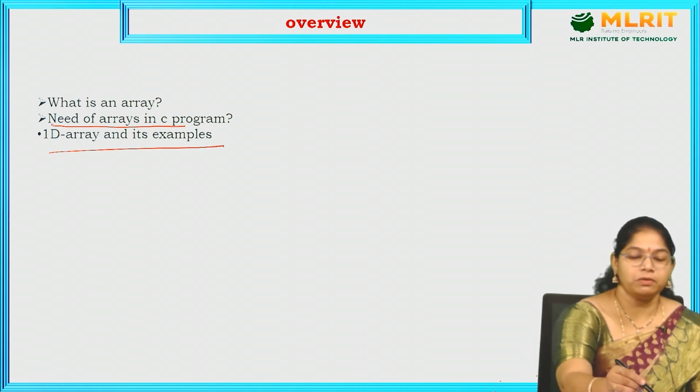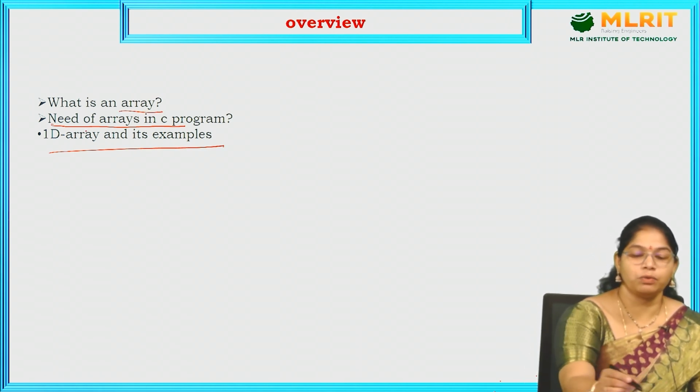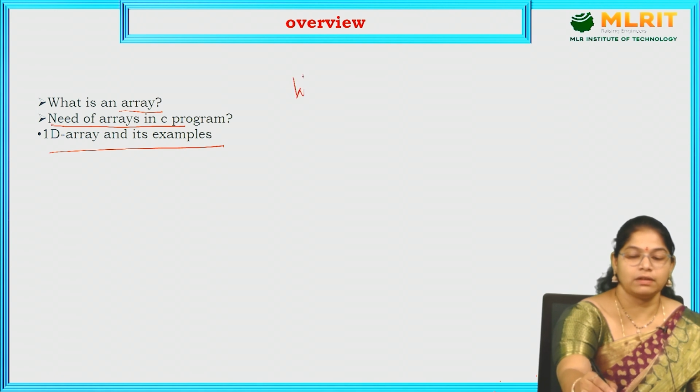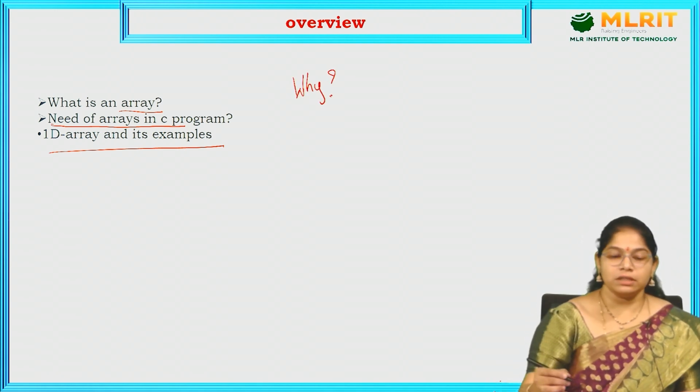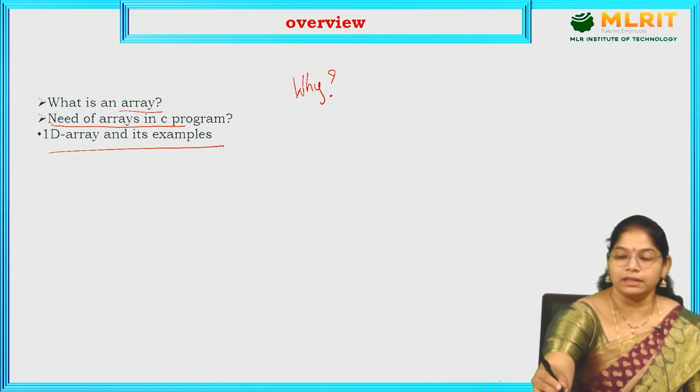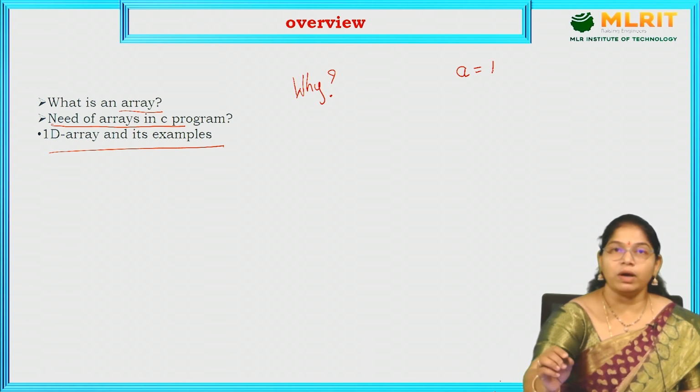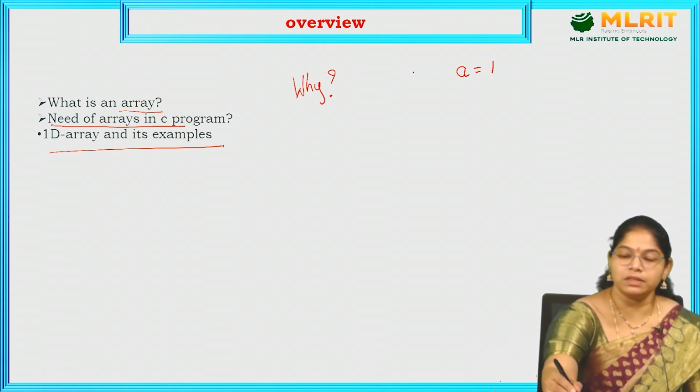So before knowing what is an array, we have to know why we need array. So let us consider a data that I have a equal to 1. Where 1 is an integer type, so obviously the variable data type is integer.